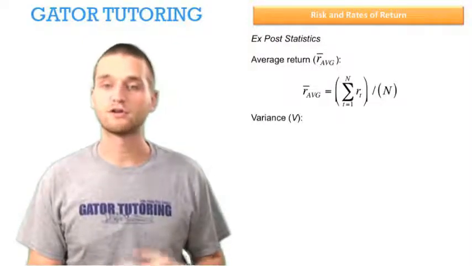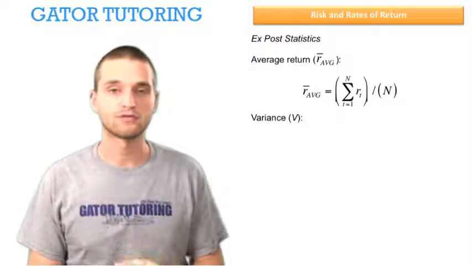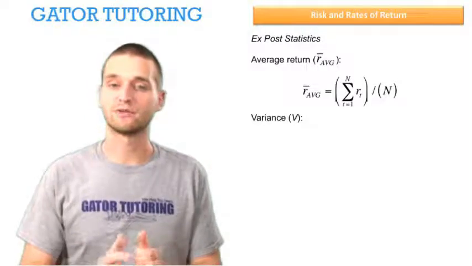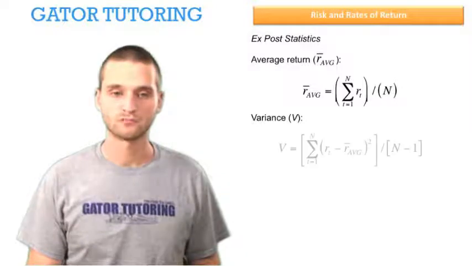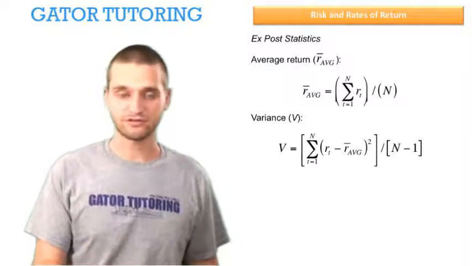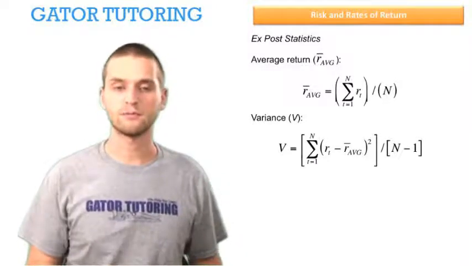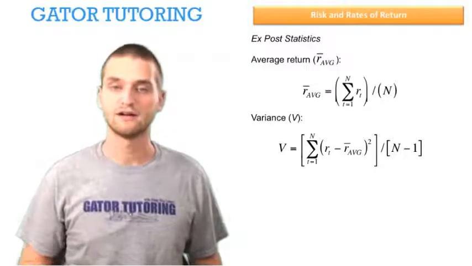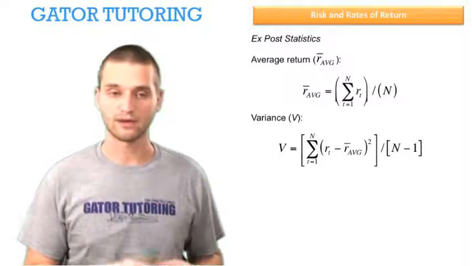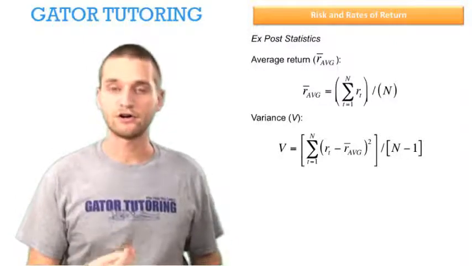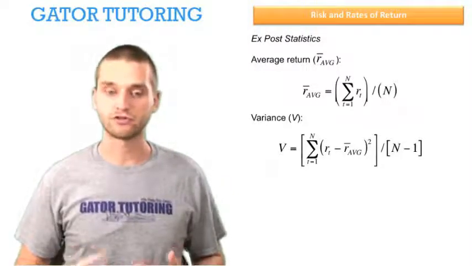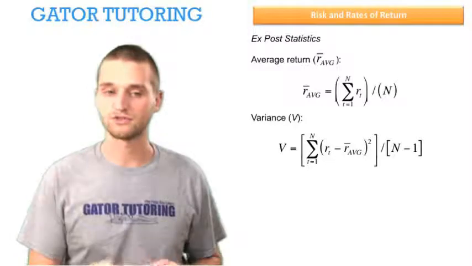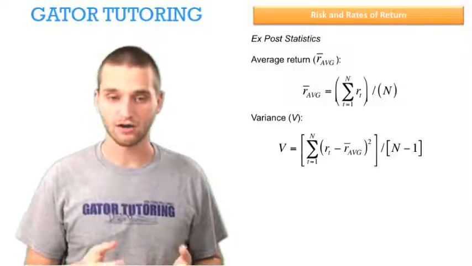The variance, we denote with capital V to differentiate it from the variance when we're dealing with ex ante data, which we denote sigma squared. So the variance for ex post statistics is the sum from t equals 1 to n, again those are the time periods 1 to n, of the return in each time period, r sub t, minus the average return over all of those time periods, r bar average.